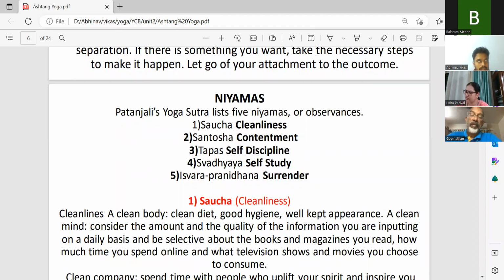These yamas, Desha Kala Samaya, irrespective of the place, duration, and time, you have to follow them. That's why they are called Mahavratas, the yamas. If you see, in one place there is one rule, in the other place there will be another rule.